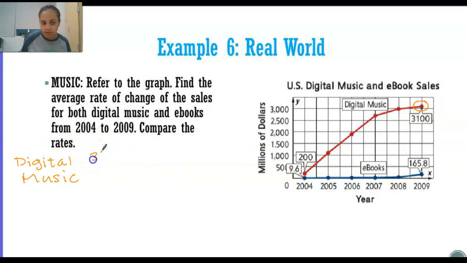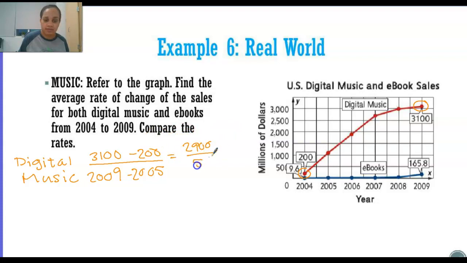So 3,100 minus, in 2004 it's 200, over 2009 minus 2004. So if I subtract those, then I would get 2,900 over 5, which turns out to be 580. So that would be $580 million per year.